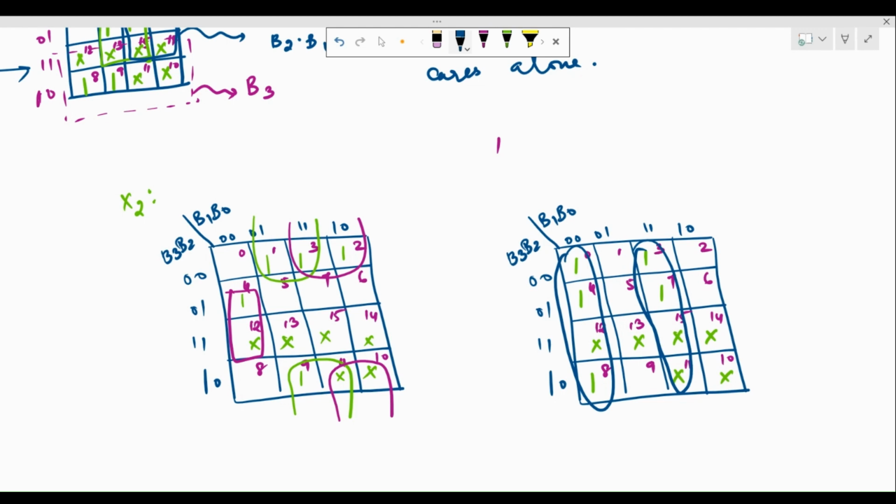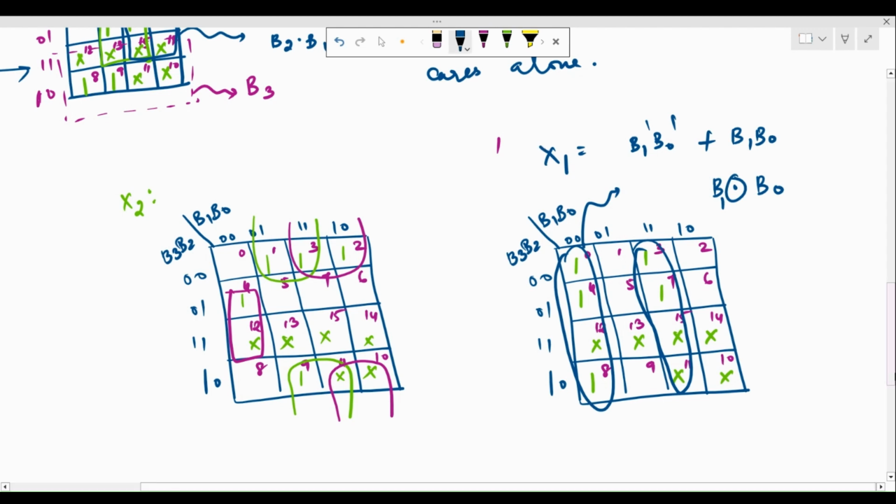All the minterms have got included, right? So the expression for this, that is for x1, is going to be b1 dash b0 dash plus b1 b0, which we know is nothing but XNOR. So b1 XNOR of b0. This is the expression for x1.